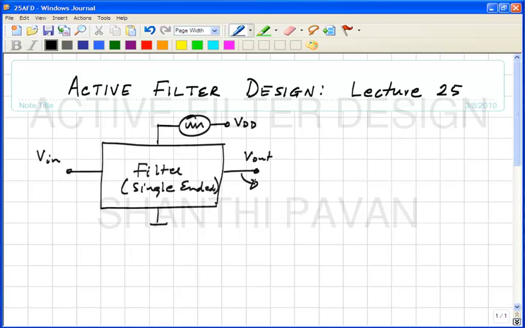What did you see? You not only see a filtered version of Vin, but also plus whatever so called noise on the supply, also filtered, but with some other transfer function, correct?